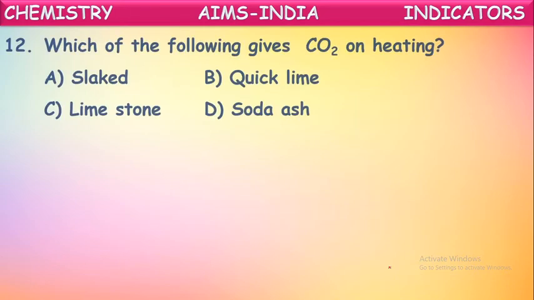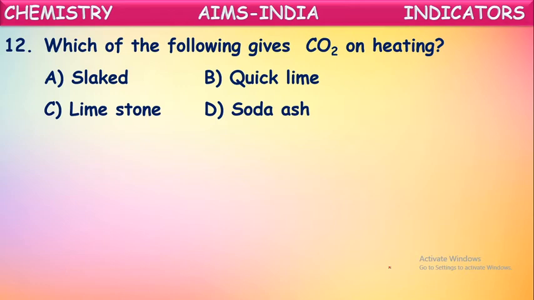Next one. Which of the following gives carbon dioxide on heating? This we have seen in different questions earlier. Let us see once again. Generally, the compounds which are called carbonates and bicarbonates on heating give carbon dioxide. So, among the given, limestone is one of the carbonates.